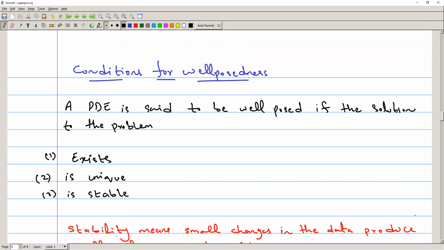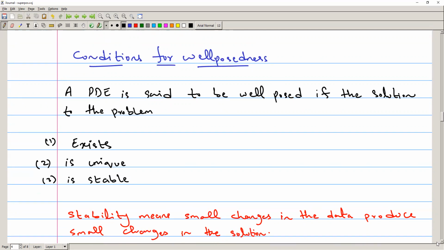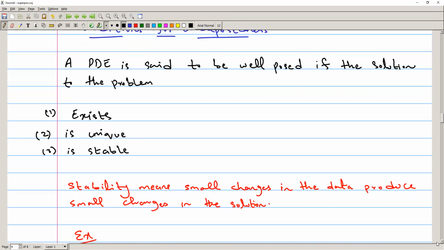So now we will talk about well-posedness. The conditions for well-posedness are: a PDE is said to be well-posed if the solution to the problem, number 1, exists, number 2, it's unique, and number 3, it's stable. So existence and uniqueness you already know from ordinary differential equations.